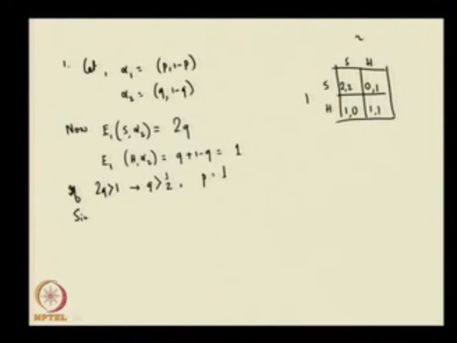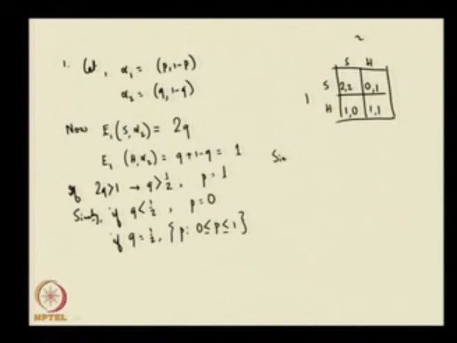Similarly, if q is less than half, p will be equal to 0. If q is equal to half, p can take any value. Any value of p is optimal.